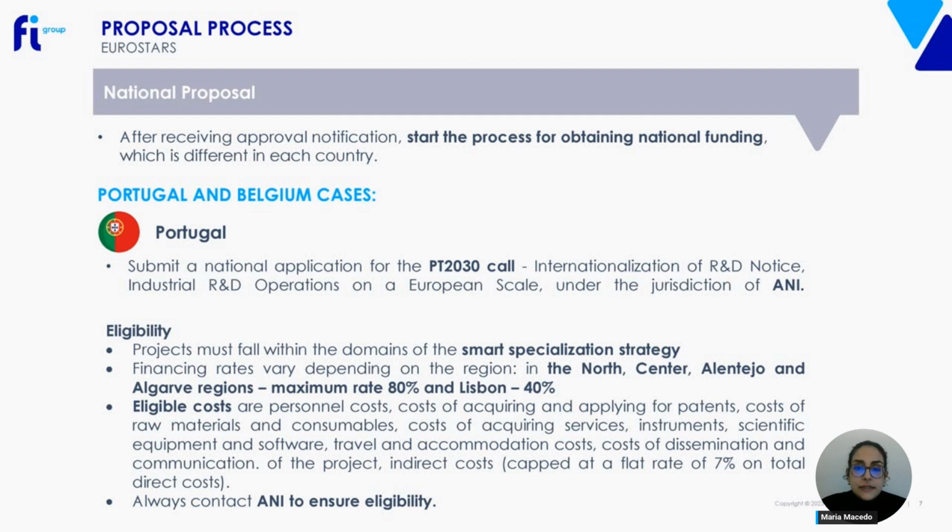In most cases, this implies submitting another proposal based, of course, on the proposal which was submitted to the Eurostars, which may require adjustments, some additional fields or not. Again, it depends on the country. But it is recurrent that there is the need of submitting an application at national level in order to compete for the national funds available.